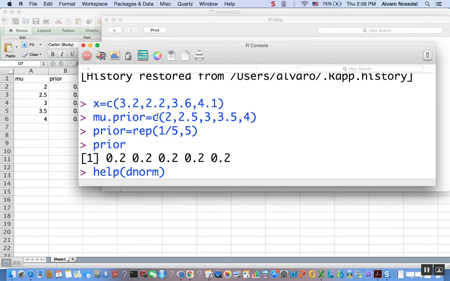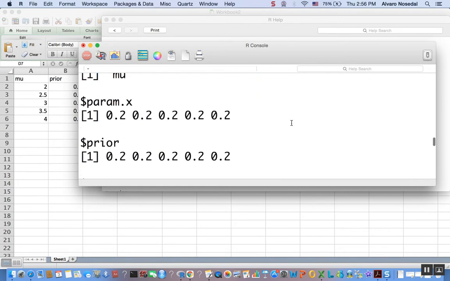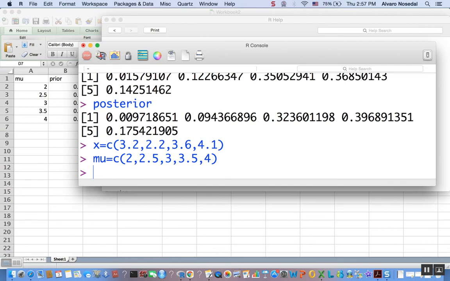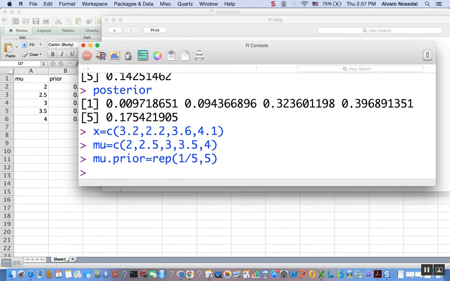Instead of mu prior for this one, let me change that just to mu, so we are consistent with the way they define their function here. So mu would be just the values for the R package. Now for mu prior, let's do this.